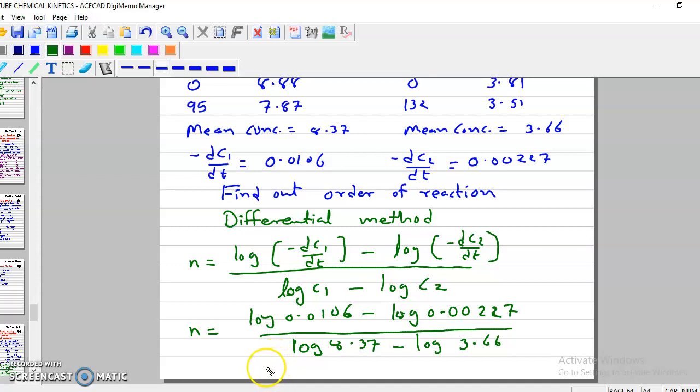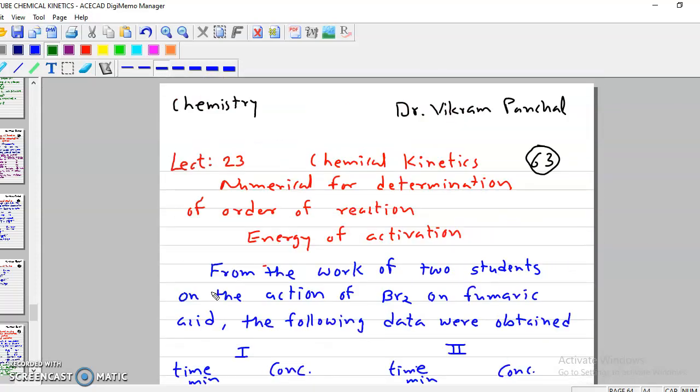If it is a fractional value, we'll have to see whether it is greater than 1.5 or less than 1.5. Likewise, we can find out the order of reaction using this formula.